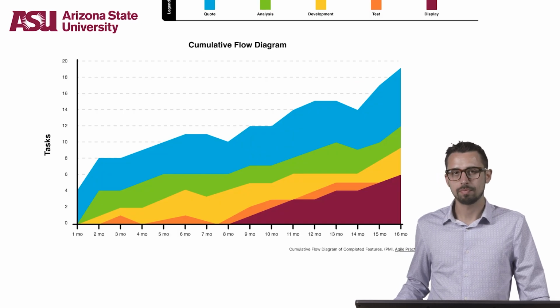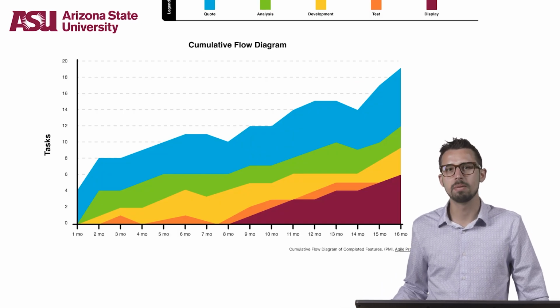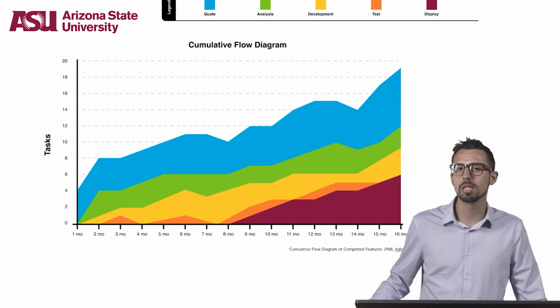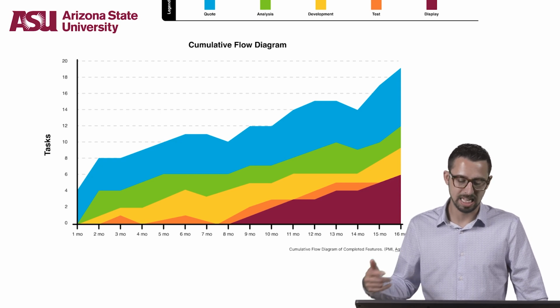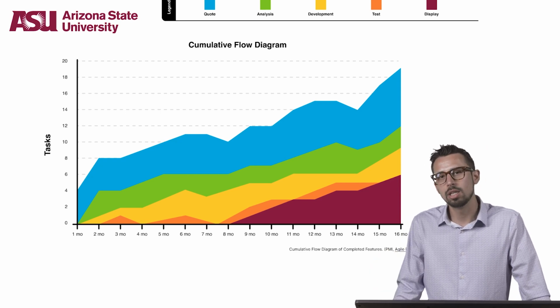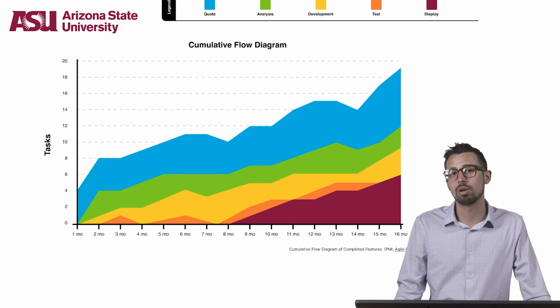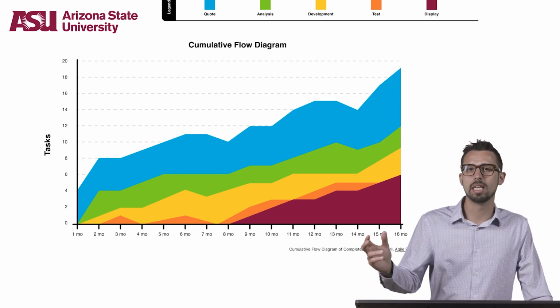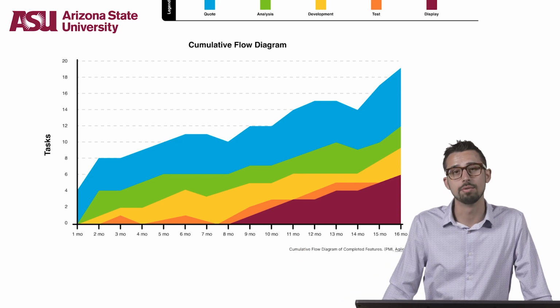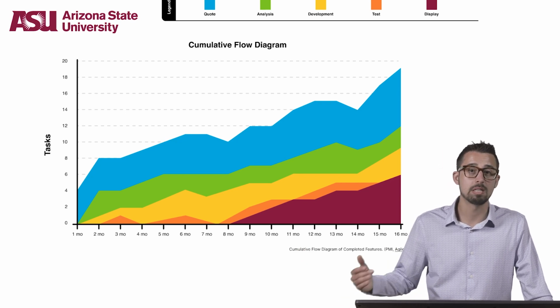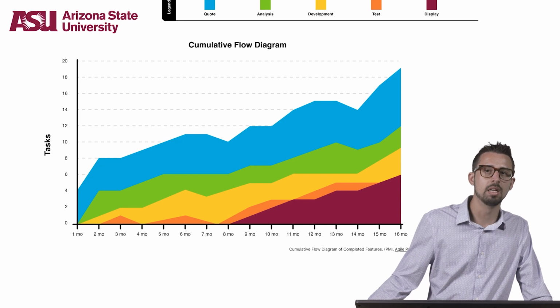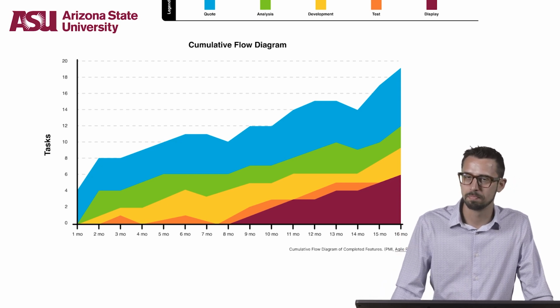From there, this same process can be built out into what's called a cumulative flow diagram, and that's illustrated here. This shows the work in progress across a Kanban board in effectively a chart view. For example, if a team has a lot of tasks waiting to be tested, what's going to happen to this chart?